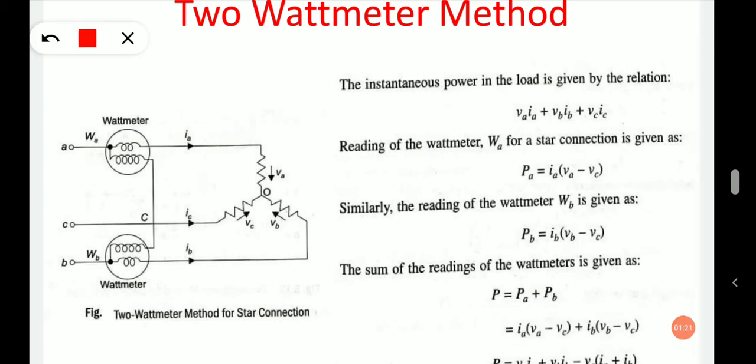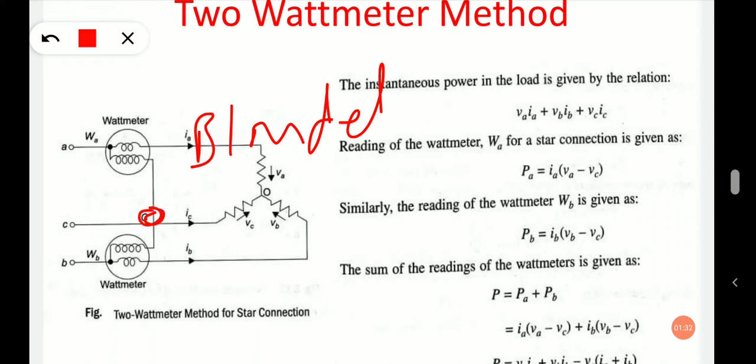According to Blondel's theorem, which we have already seen in the last video, if the common point of the pressure coil is made to coincide with one of the lines, then only n minus 1 wattmeters are required for an n phase system.